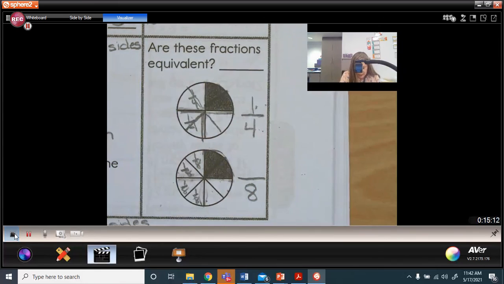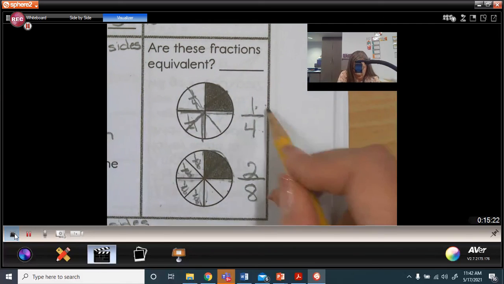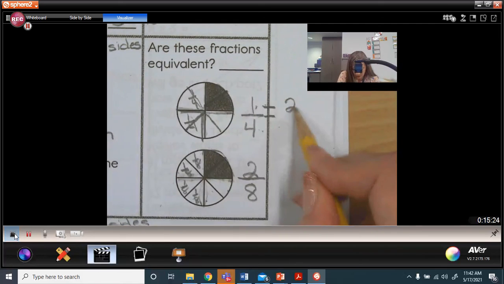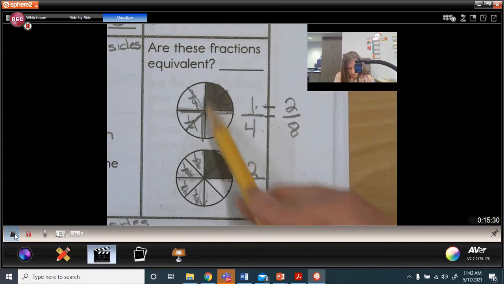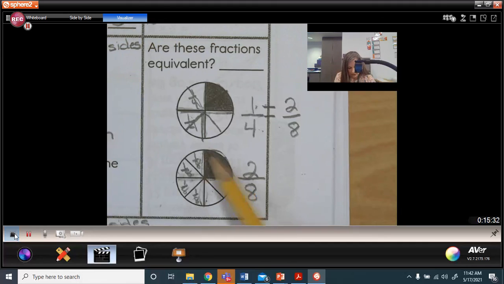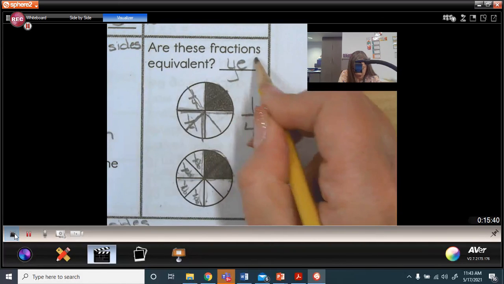So remember, it takes 2/8 to make 1/4. So are these equivalent? Yes, these are equivalent to each other. So make sure that you show this equal sign between the 1/4, which is here, and the 2/8, which are here. And yes, these are equivalent to each other.